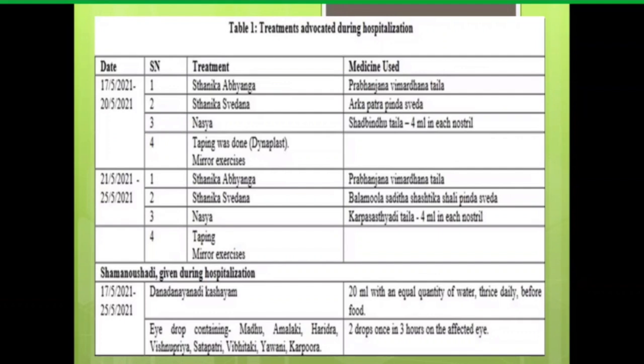Dhanadhanayana Kashayam and other oral medications were continued in the follow-up, with Shiropichu and Pratimarshanasya with Karpasasthyadi Taila and Mahamasha Taila, 1 ml in each nostril, which was continued. Mirror exercise and oral medications were continued.